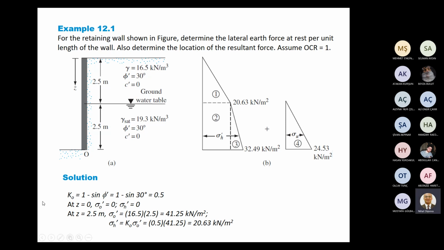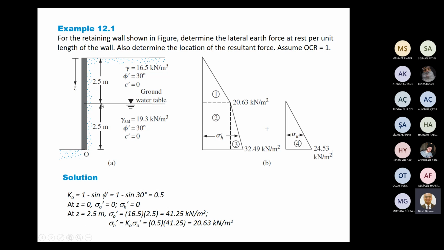Let us start with calculation of K0 at rest condition, because the question asks at rest condition. K0 is 1 minus sine phi, because the soil is normally consolidated soil, we can use this equation, and K0 is 0.5. At rest, at the surface, the stress will start with 0, of course.